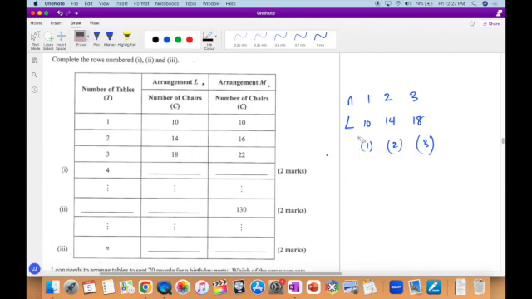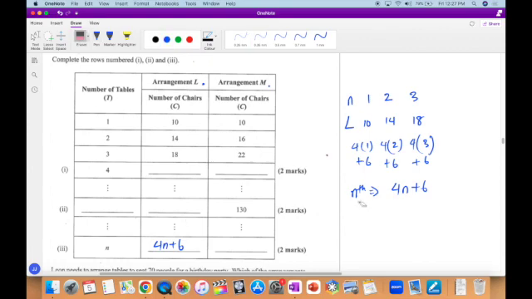Let's try 4 now. 4 ones are 4 plus 6 is 10. 4 twos are 8. 8 plus 6 is 14. 4 threes are 12. 12 plus 6 is 18. So look, we have here the number of chairs. The nth number of chairs will imply 4n plus 6. So this first one is 4n plus 6.